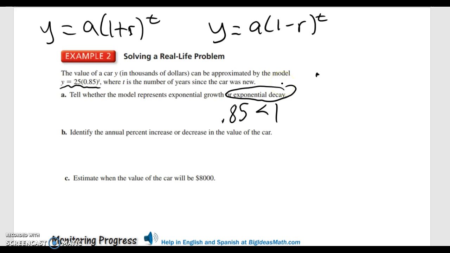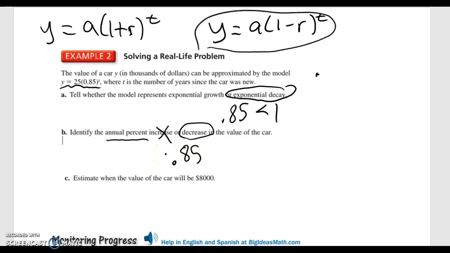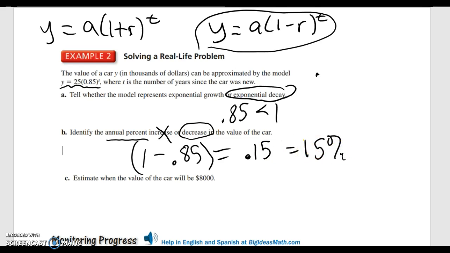We have 0.85 as our r, so we can actually figure out the annual percent decrease, since we're talking about decrease. If we use our generic formula at the top of the page, we could do 1 minus 0.85 and get 0.15, which is equivalent to 15%. So the car's value will decrease 15% per year.